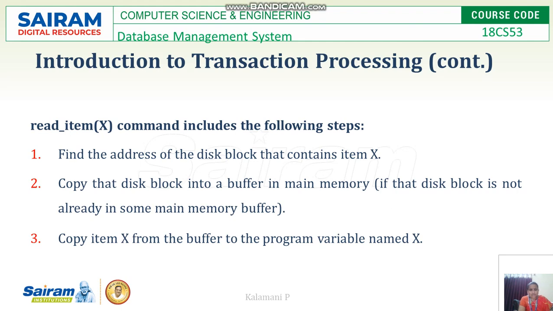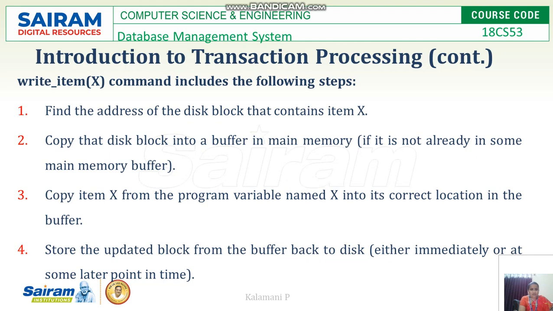Then copy item X from the buffer to the program variable named X. One thing all of you should know is that the actual updation won't happen directly in the disk block. First the data is transferred to the buffer and the updation happens there. Once the commit operation is done, only then will it be updated in the main database.